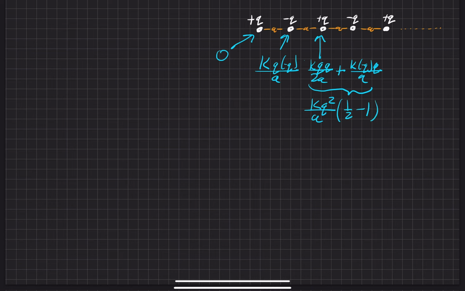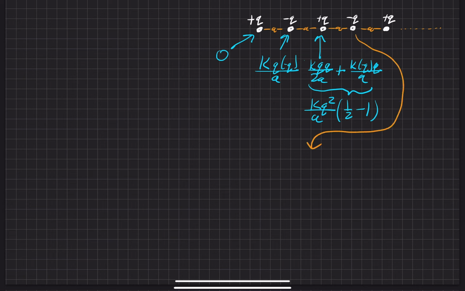And then looking at this one right here, if we bring this one in from infinity, we have 3 subsystems to look at. If we ignore these and just look at these two, these two charges right here are a distance 3a away. Just to keep things from getting too complicated, I'm going to use orange for this one.